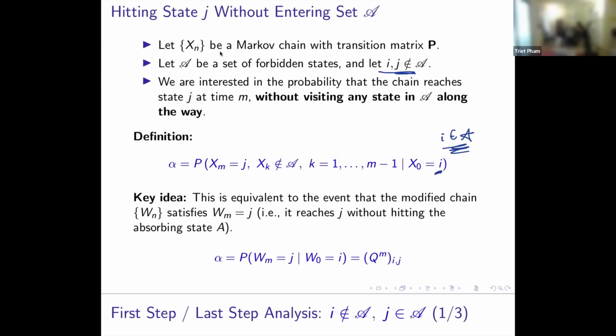So let's say I is 4, but J is 2, and this is 3, 4, and 5. How would that work? Can we still do it or no?